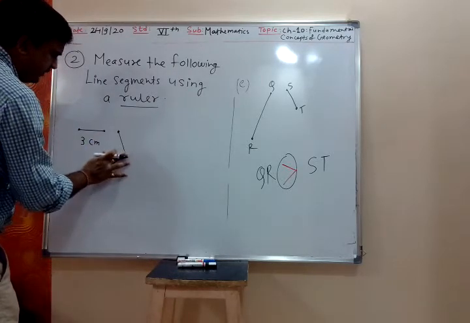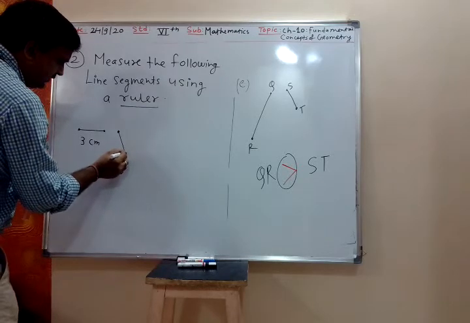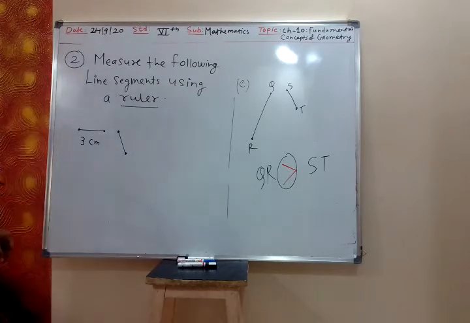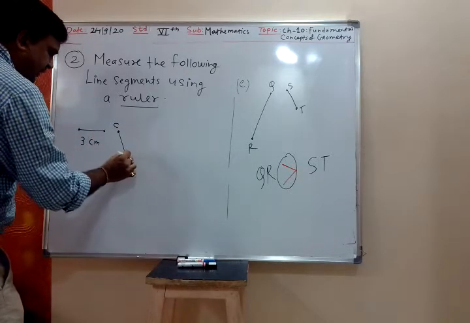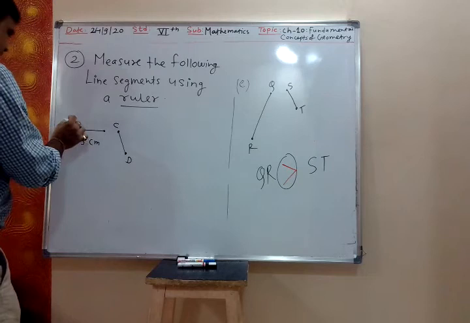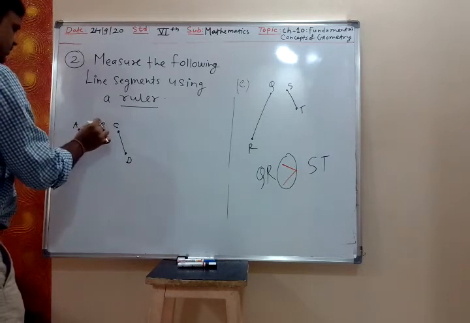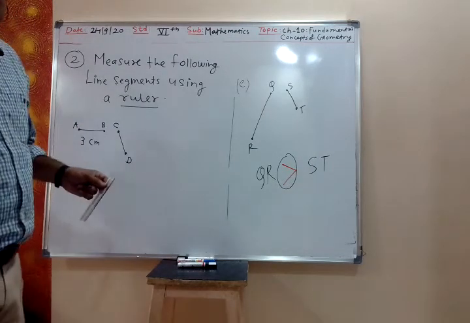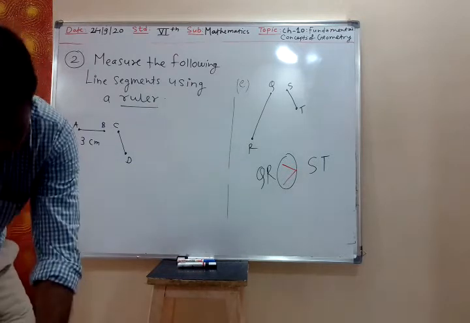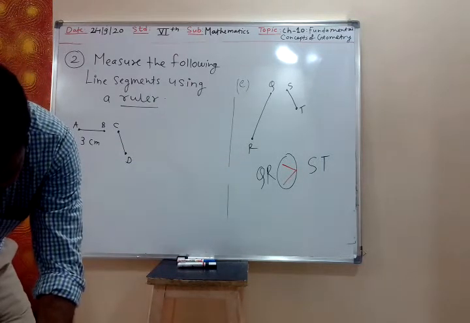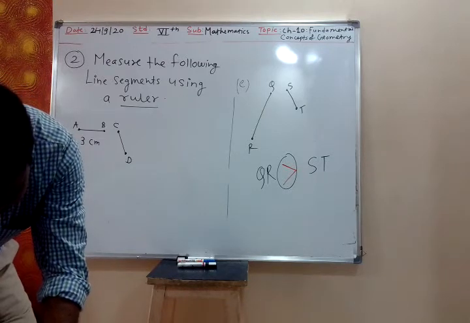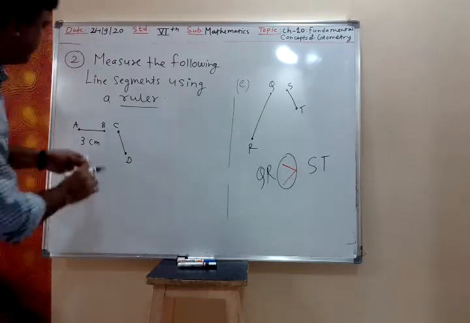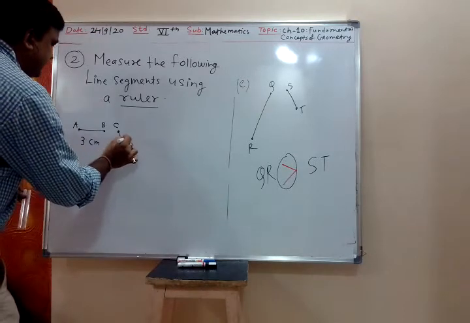Centimeter, you write. Then next is CD. AB is 3 centimeter. Now CD. CD is also 3 centimeter.